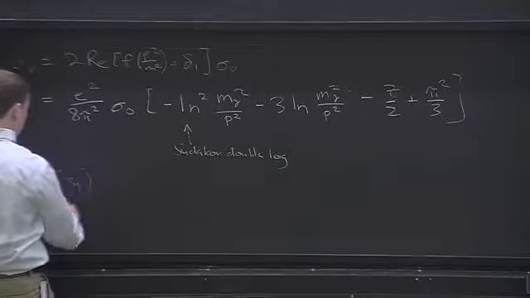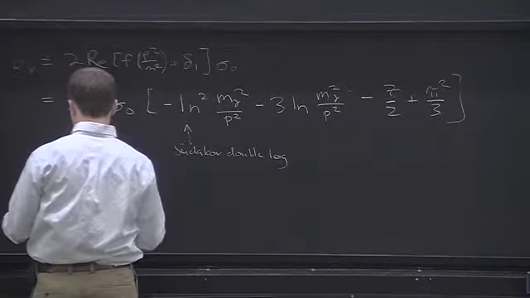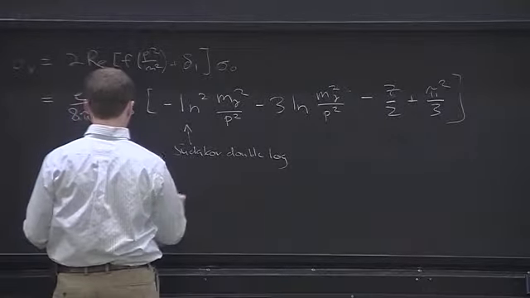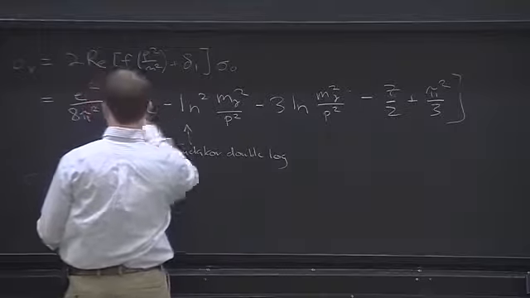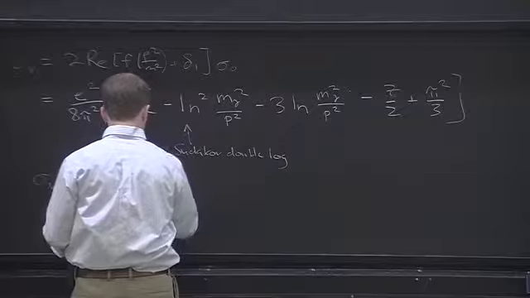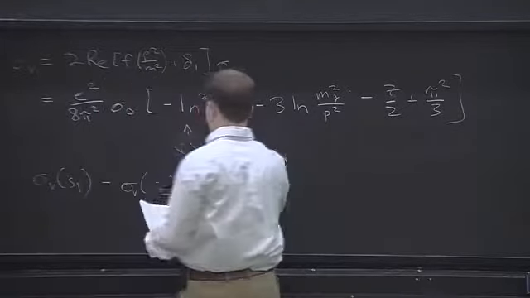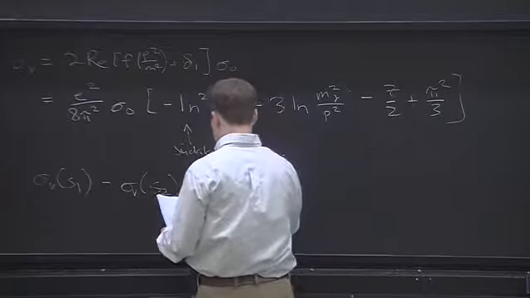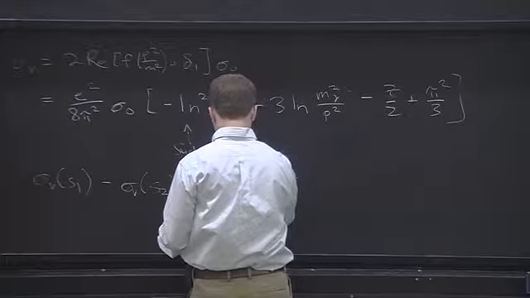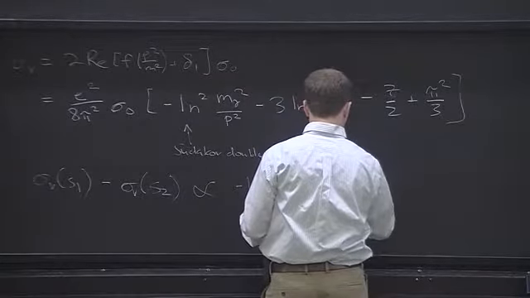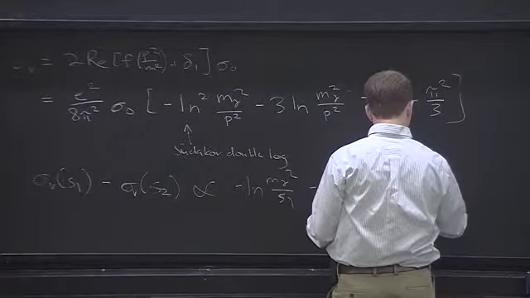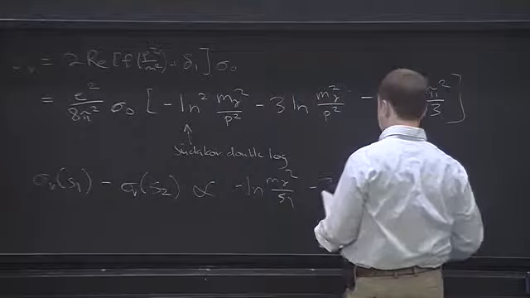But the fact that we have this double log means that if we try to say that sigma v at some scale, center of mass energy squared S1, is finite, and we want to use this formula then to determine the correction at some other scale, this difference will be proportional to minus log m gamma squared over S1 minus 3 log S2 over S1 plus log squared m gamma squared over S2.